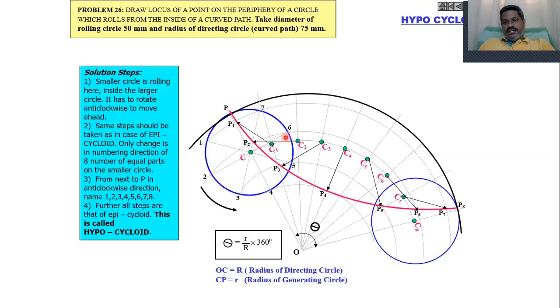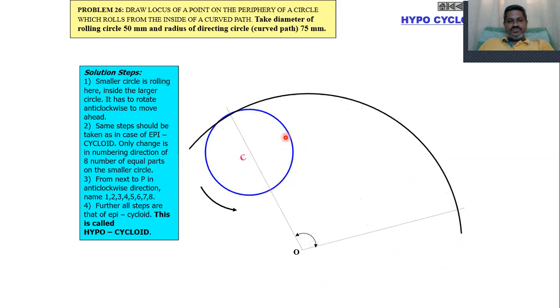Then I repeat this once again. As we have seen what is epicycloid, in this case also we have a directing circle and a generating circle.